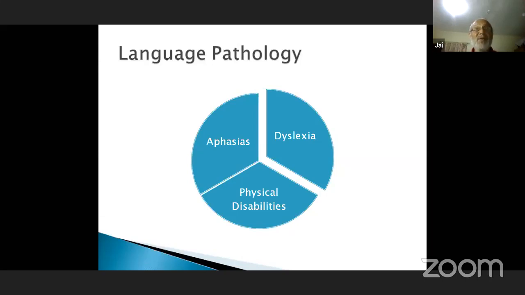We do not have enough pathology labs where people can go and develop their language. The other one is dyslexia, where because of brain damage, there's a problem with language processing also, and people have difficulty in reading and identifying. That's there. And then there are also other physical disabilities in people. These are also problems in applied linguistics.